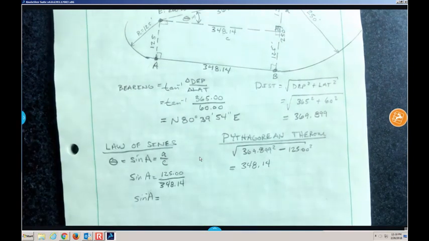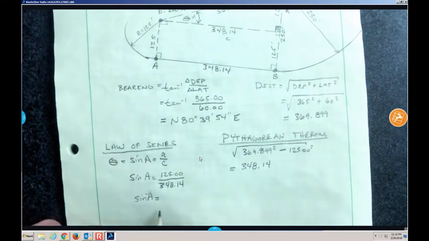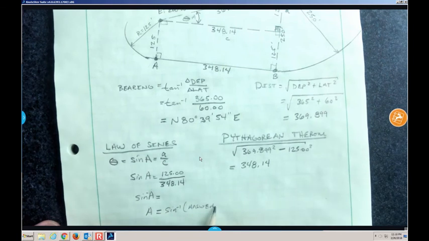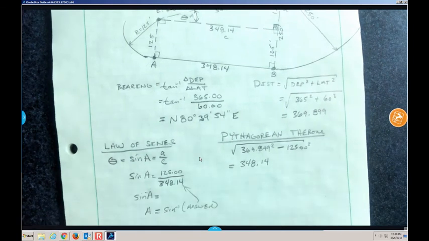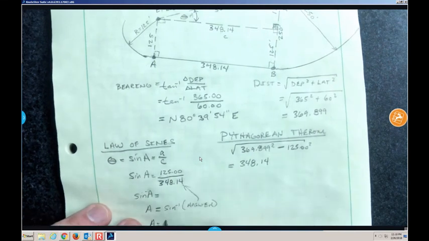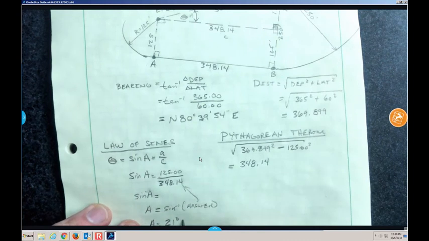I'm leaving sine on that side until the end, and then I'll flip it over. So A will be inverse sine of whatever this answer is from up there. I don't have a calculator, else I'd do it. 21 degrees, 02 minutes and 31 seconds.